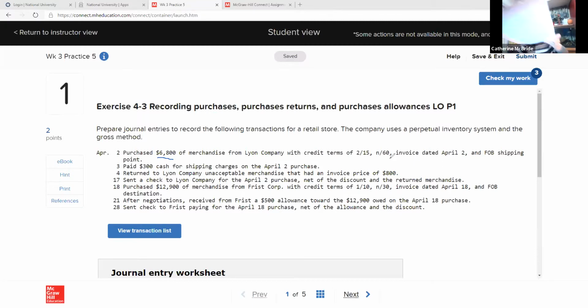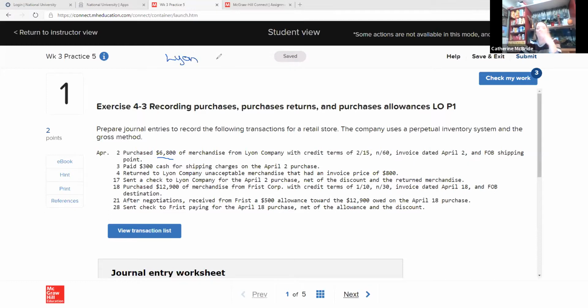But one of the things about this, because we're dealing with discounts, is we want to write down on a sheet of paper to keep track of how we are recording, like what goes to Lion and what goes to somebody else. So I'm sitting here with a piece of paper and I'm going to write just to keep track.